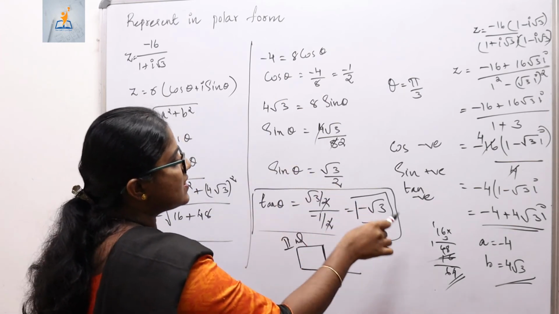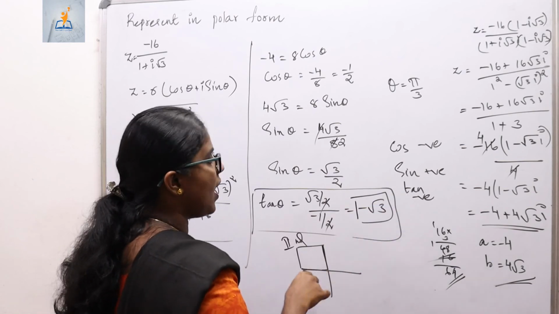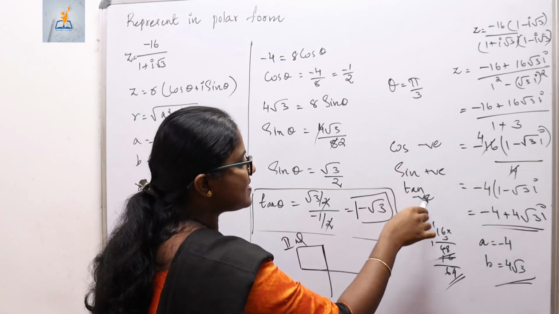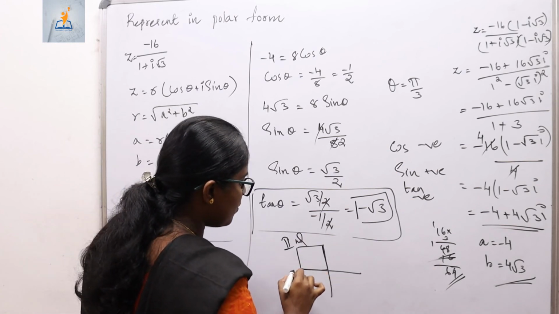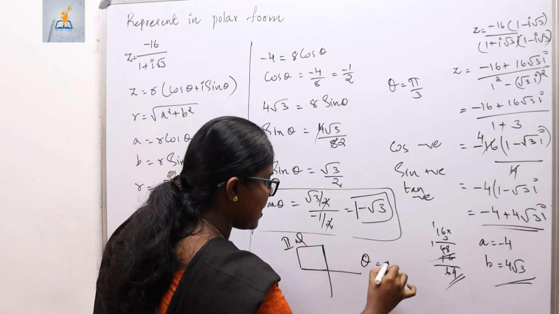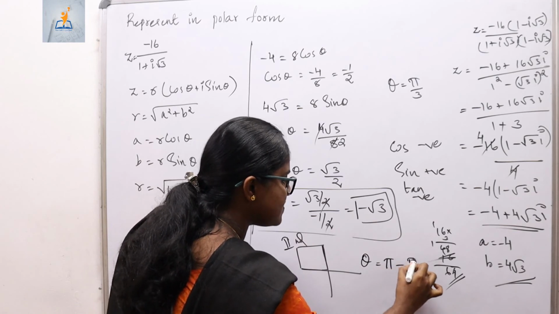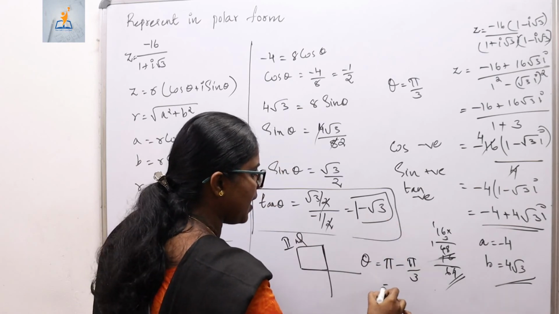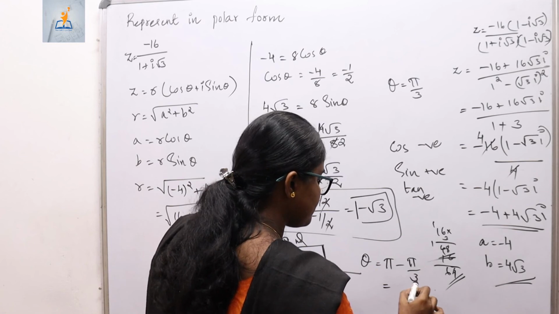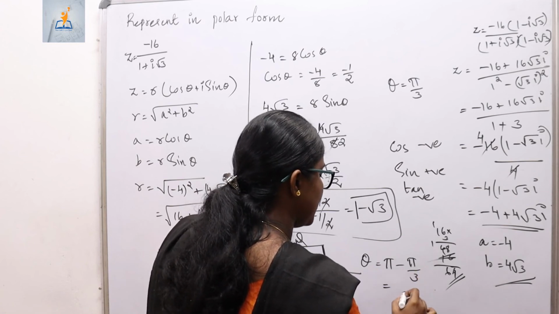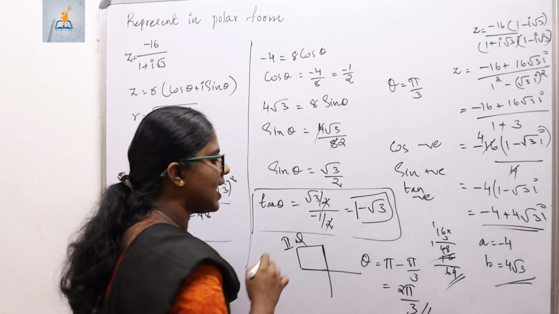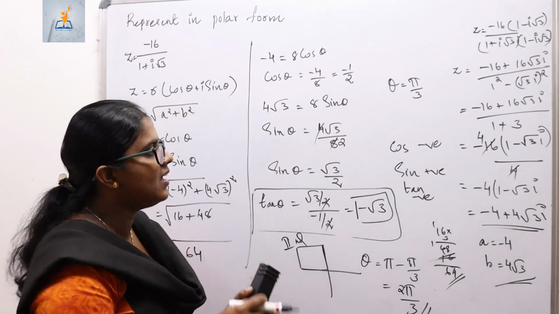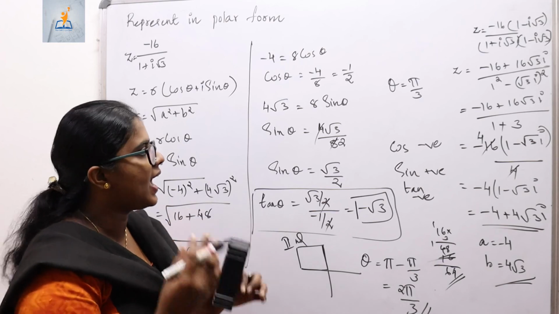But the quadrant which satisfies all the signs here is the second quadrant, and therefore we will take theta as pi minus pi by 3, which is 2 pi by 3. And 2 pi by 3 is an angle which lies between minus pi and pi.